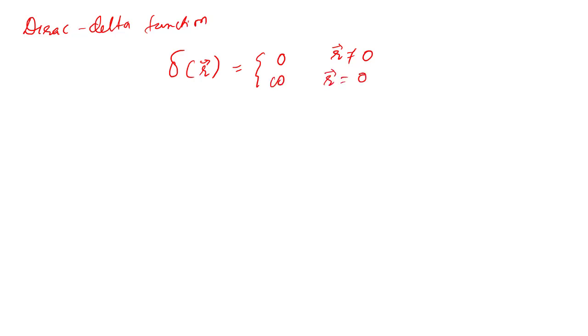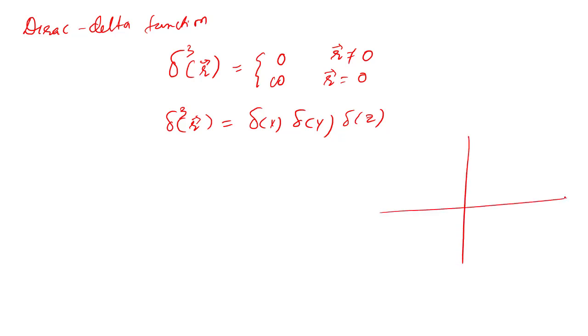In x, y, z coordinates, you can write this delta function as a delta function along x, a delta function along y, and a delta function along z. So there is a huge infinite spike at the center. At x, y, and z equal to zero it goes to infinity, and it is zero everywhere else.